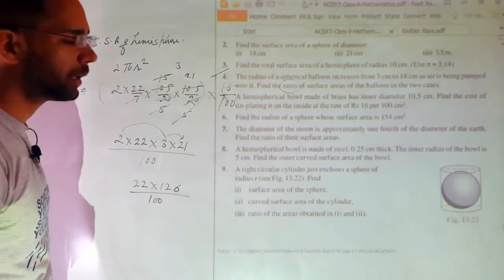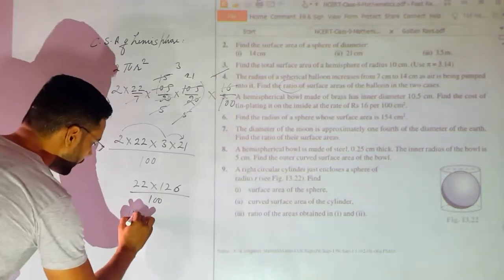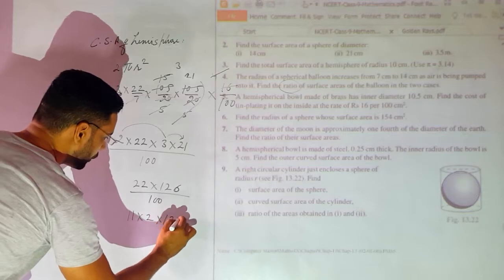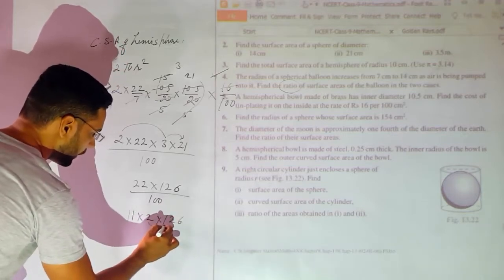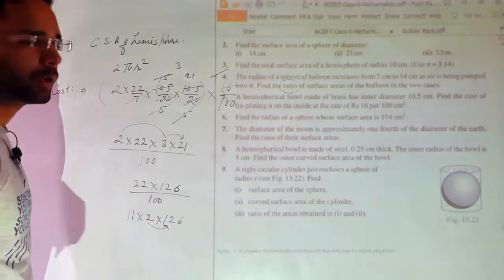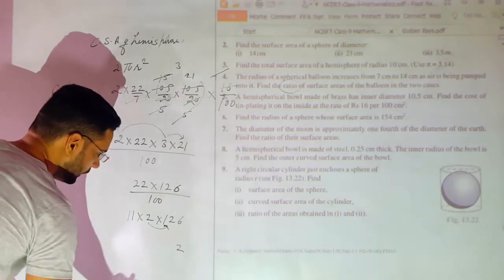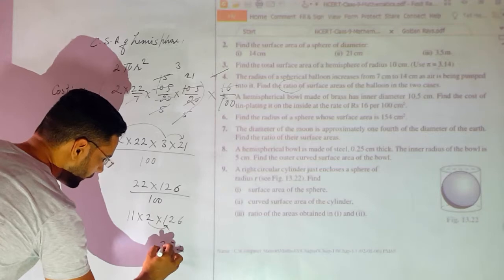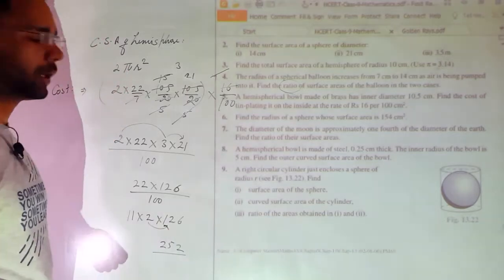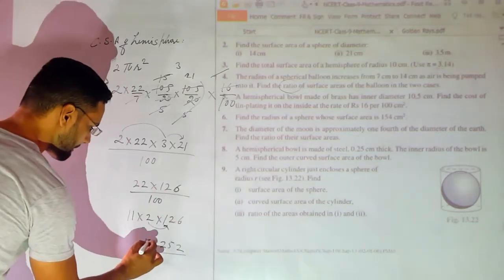Once again we will use the short trick: 11 into 2 into 126. Double of 126 is 252, into 11.